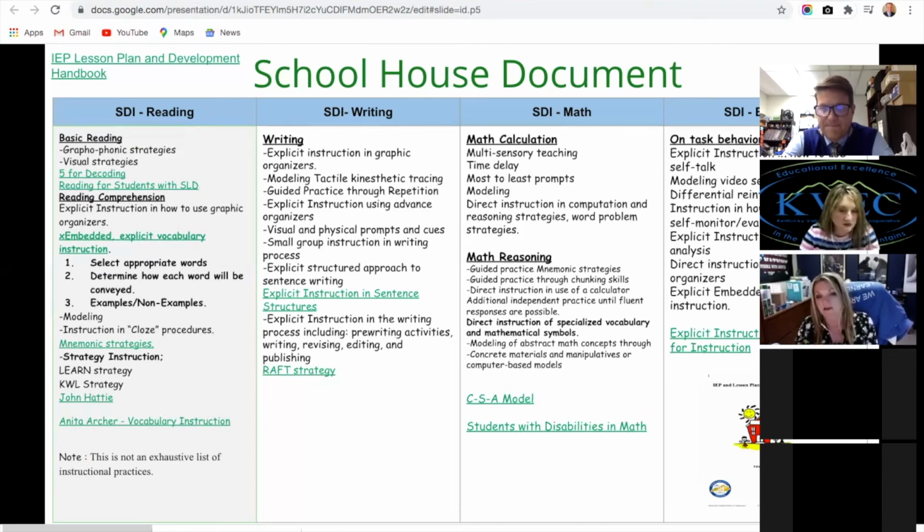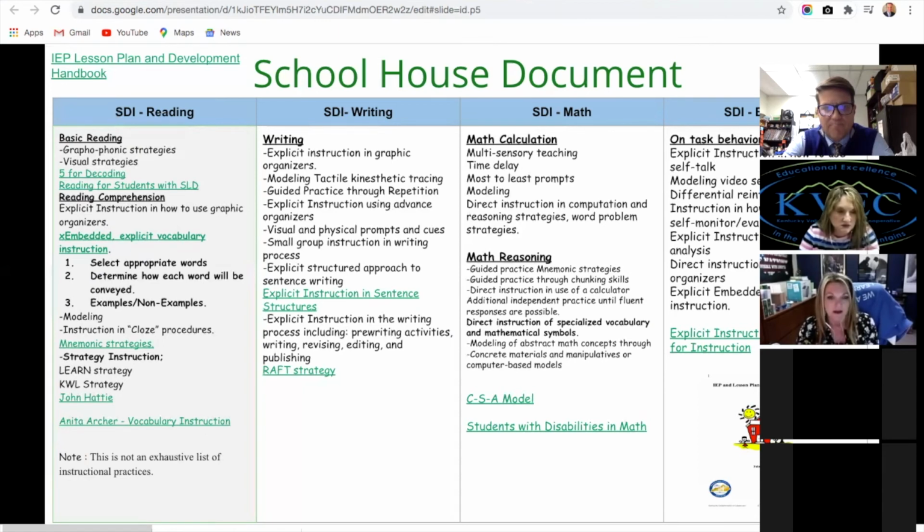If you're trying to teach a word, you give a picture of what that word looks like, and then you give a non-example of what it isn't. And you would also use antonyms and synonyms when you're introducing new vocabulary words.